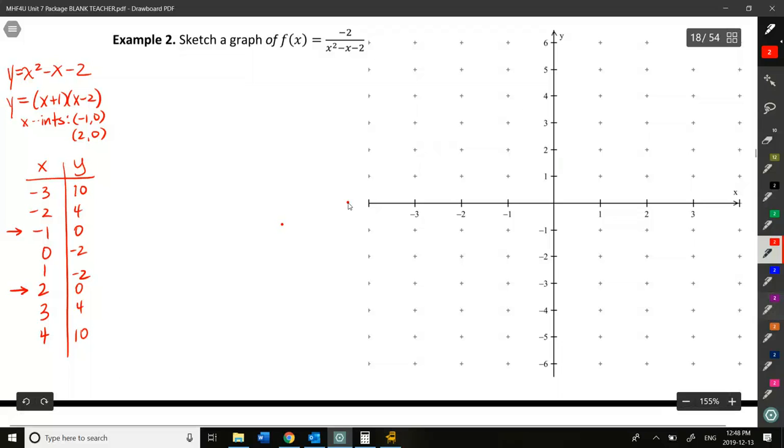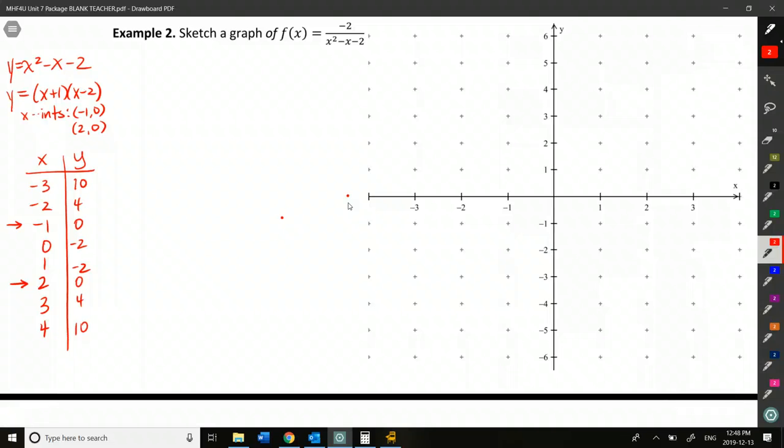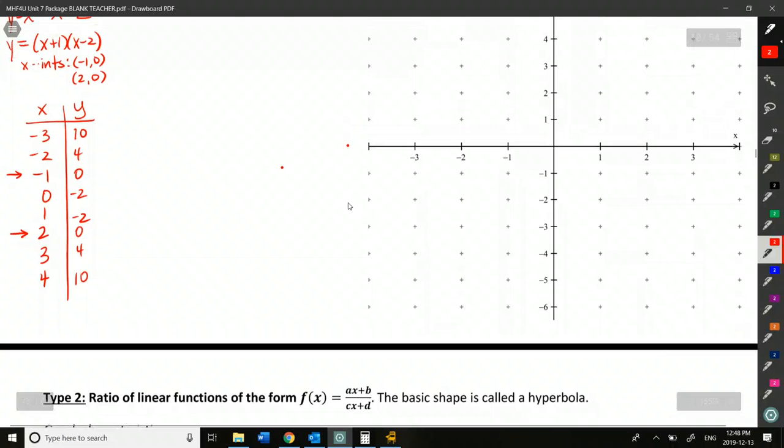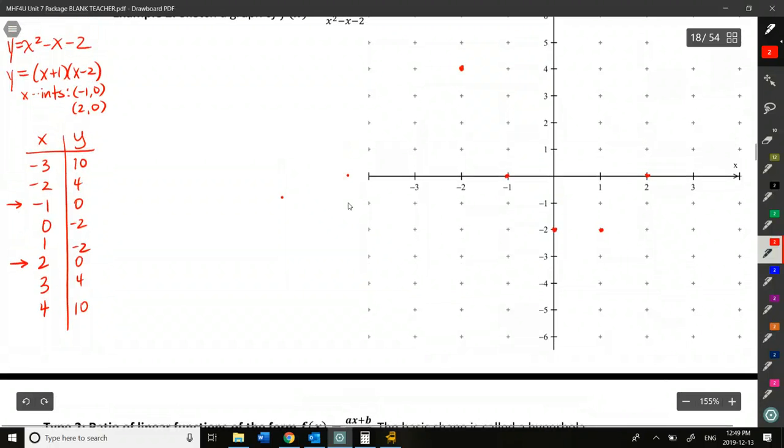Okay, so if we graph this here, we don't necessarily even need to graph it, but the important idea is that we can't really fit -3 and 4 on there, but we're still going to use those points. I just want to show you what we have.